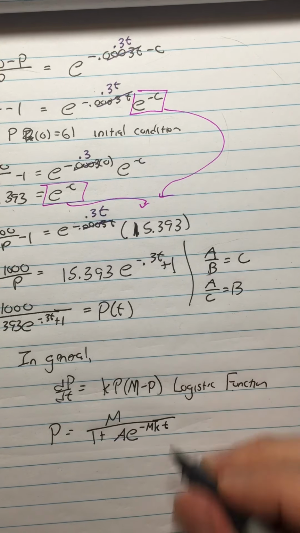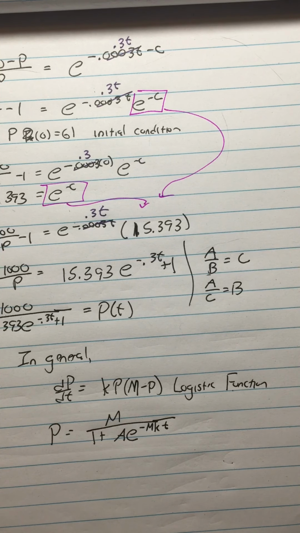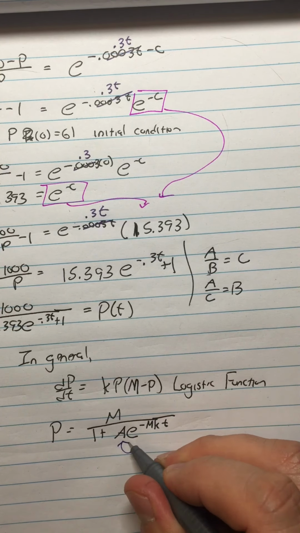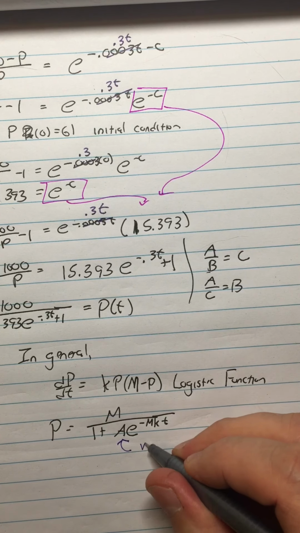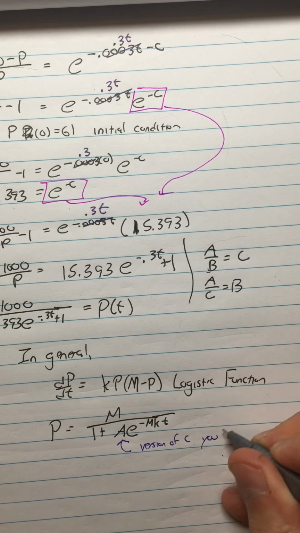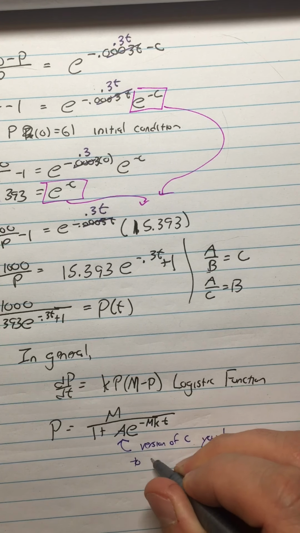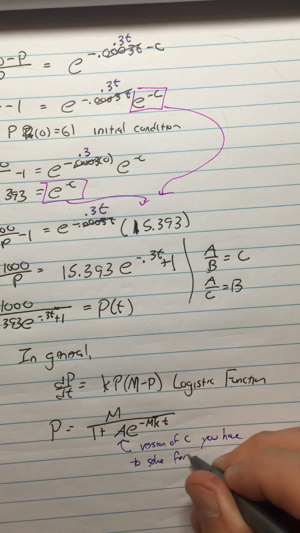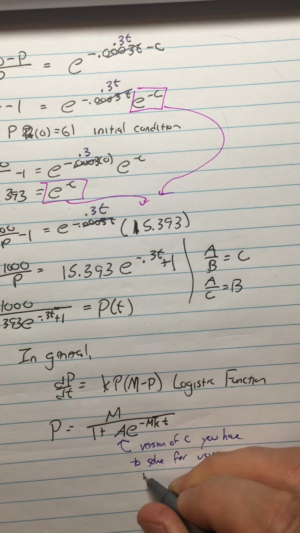All right? Now, the a is a constant you are generally going to have to solve for. So this is sort of like a version of c. It's a version of c that you have to solve for using an initial condition.